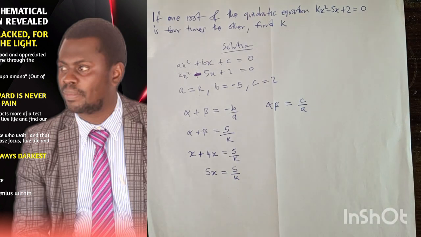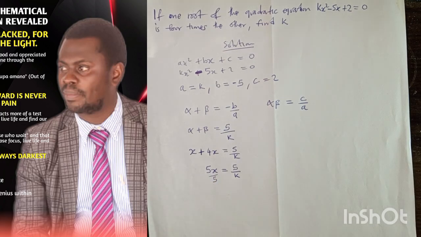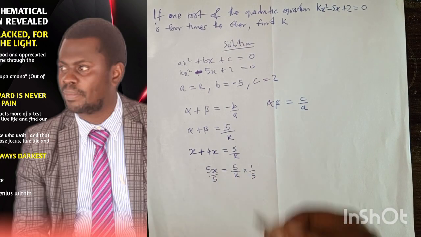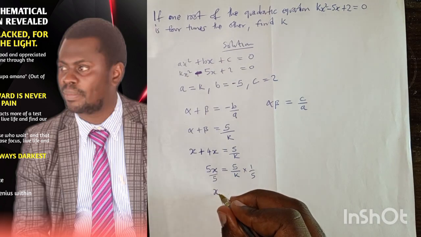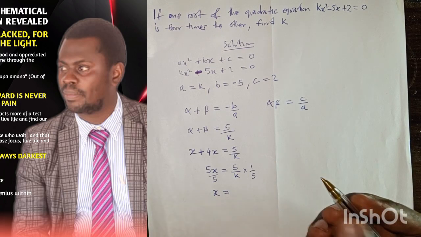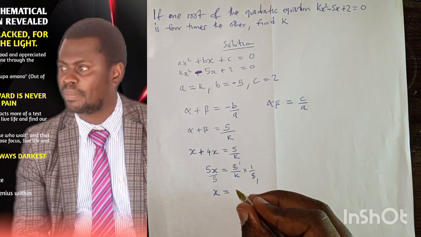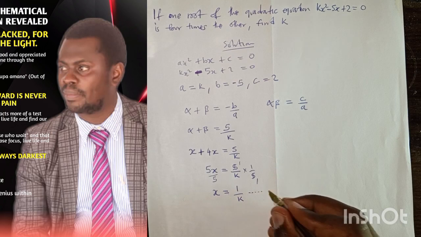We multiply both sides by 1 over 5, so that the 5 and 5 cancel out, and you have x is equal to 1 over k. So this is equation 1.